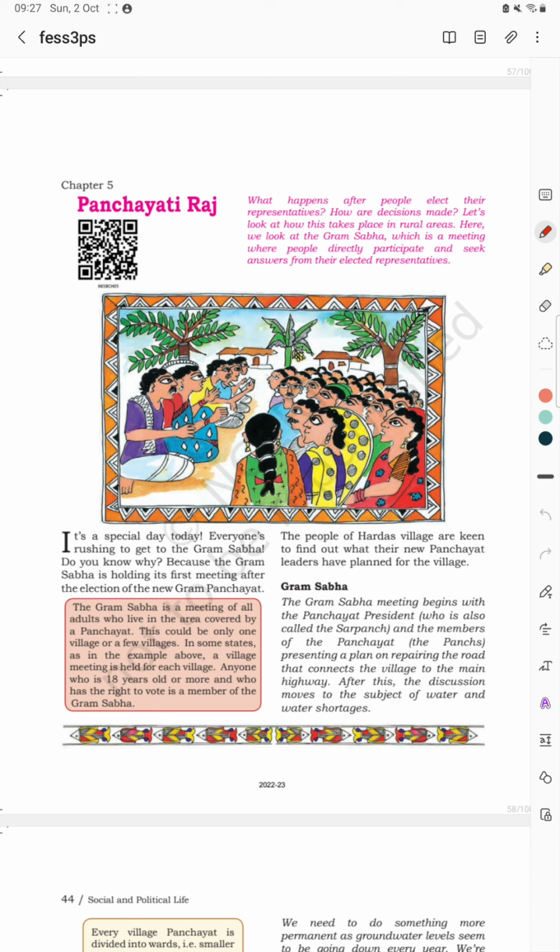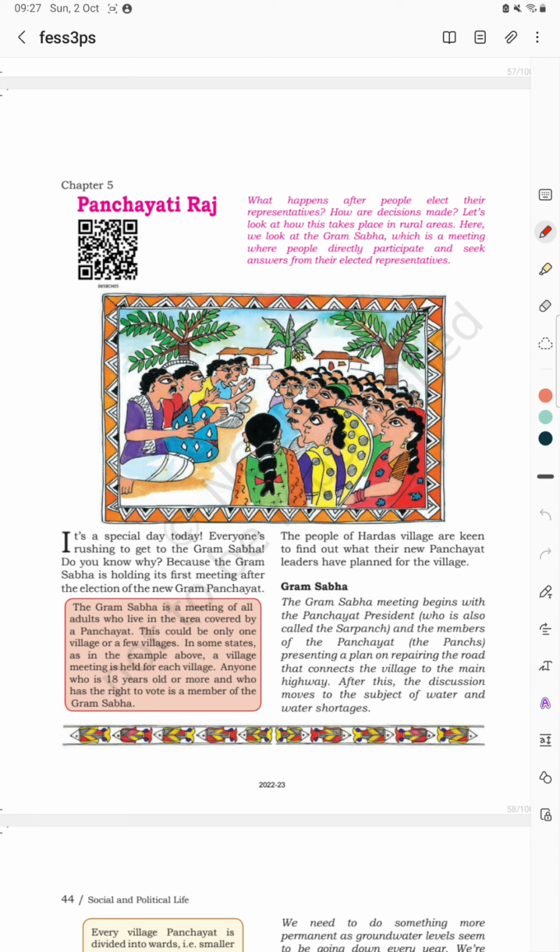Here we will try to learn this aspect while looking at how Gram Sabha works. Gram Sabha is basically a meeting where people directly participate and seek answers from their elected representatives. Okay, so let's start.